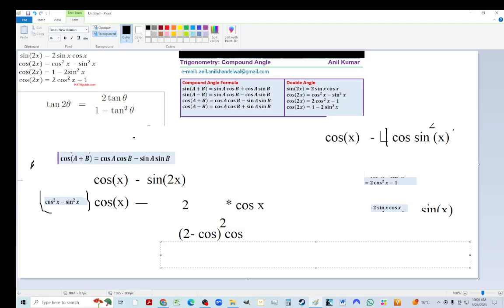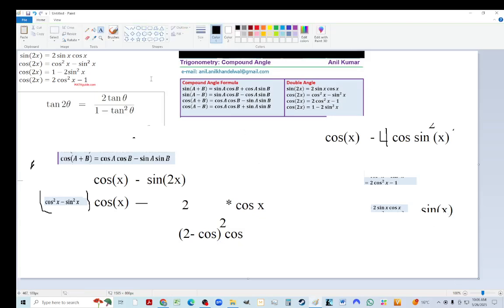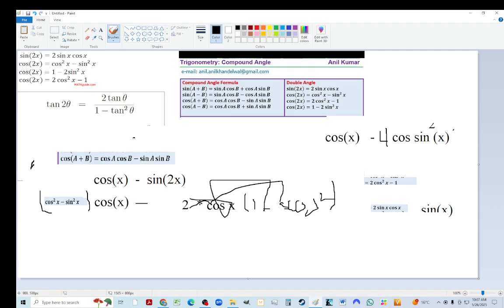Let's leave that 2 out front and multiply the cos x times the 1 minus cos squared. So instead, I'm multiplying the 2 through. I'm going to replace the sine squared here. I'm going to put the cos up here, put the sine squared last, and replace it with 1 minus cos squared, which is what sine squared is. And I'm going to multiply 2 cos x times 1 and 2 cos x times that.